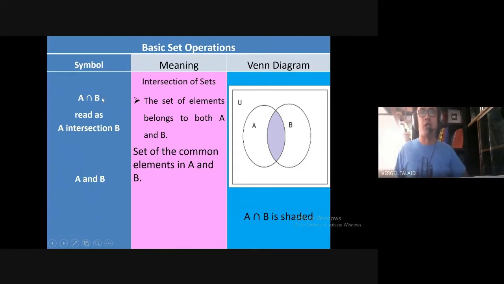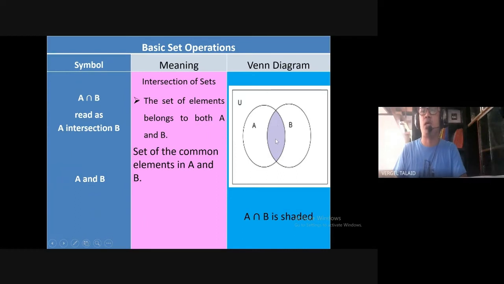So what do you mean by intersection? Intersection is the set of common elements in sets A and B, the elements that belong to both A and B. If we have A and B in a Venn diagram, the intersection is the shaded purple part.